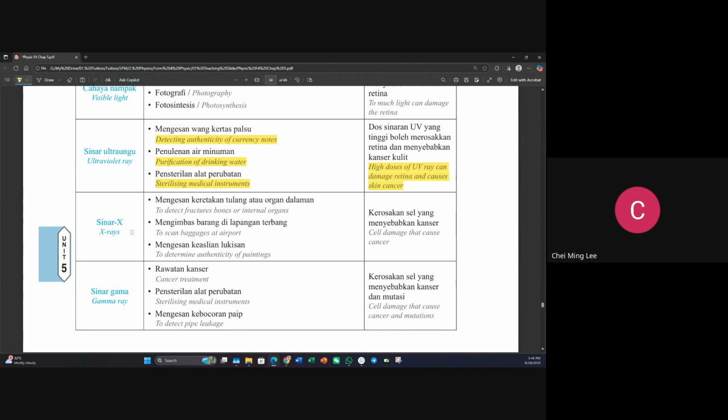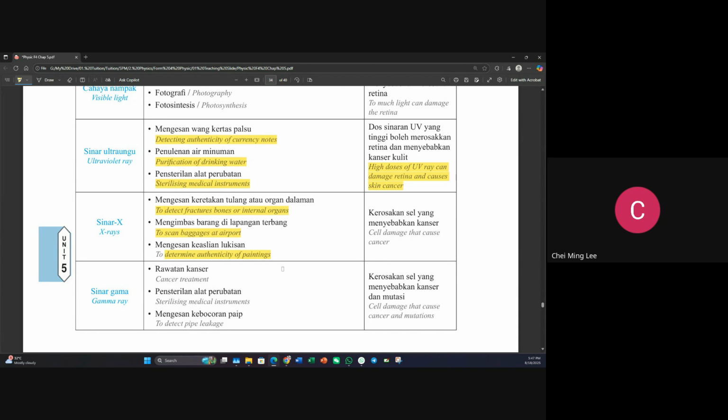X-ray, okay? X-rays are used to detect fractures of bone or internal organs through the X-ray scanner. Also to scan baggage at the airport and to determine the authenticity of paintings. They scan through the paint by releasing X-rays to it.